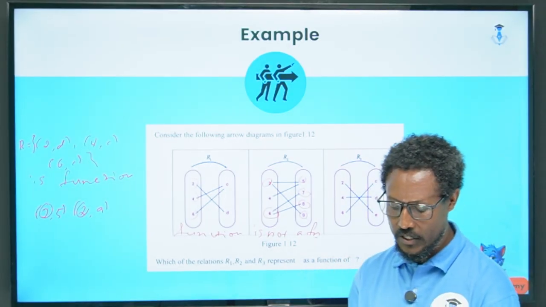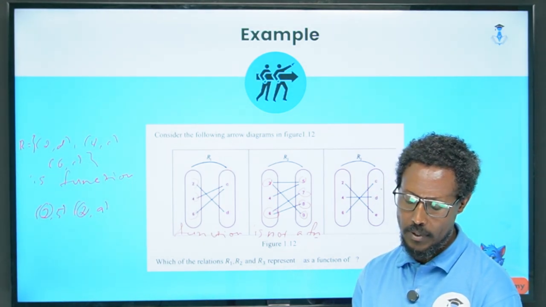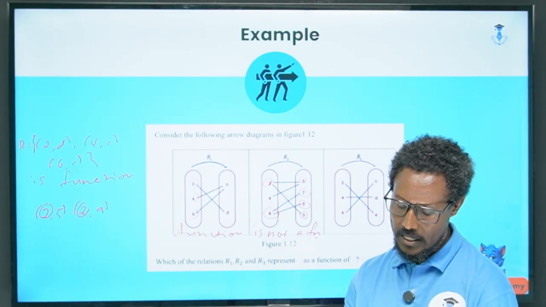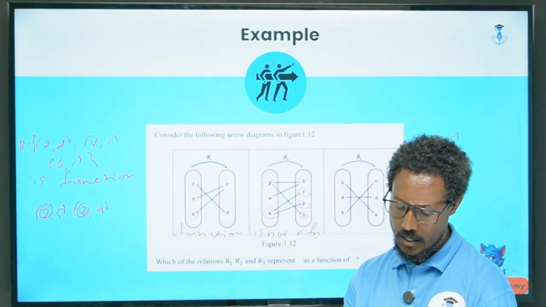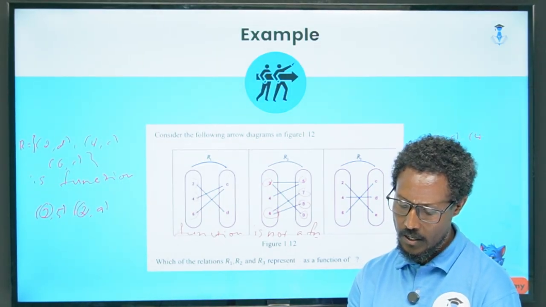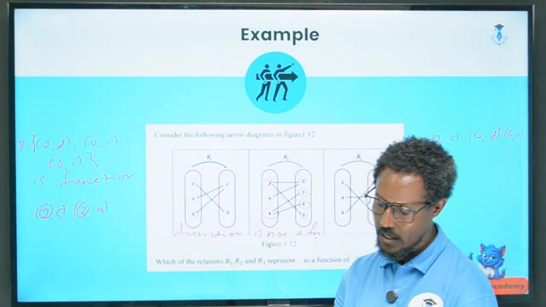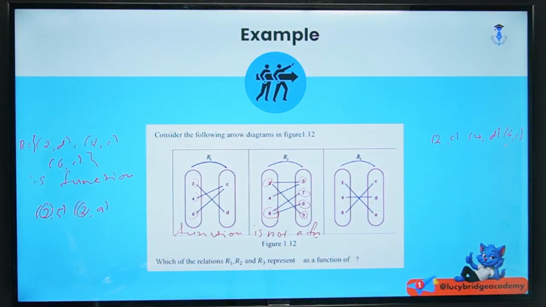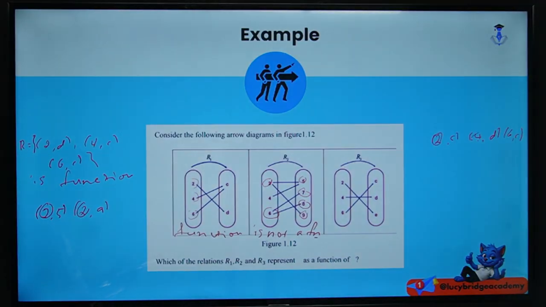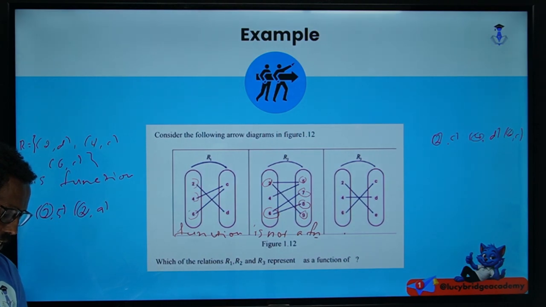The third one is a function. 2 pairs with C, 4 pairs with D, 6 pairs with C. So 2 maps with C, 4 maps with D, 6 maps with C. Therefore 2, 4 and 6 are different, so it is a function.